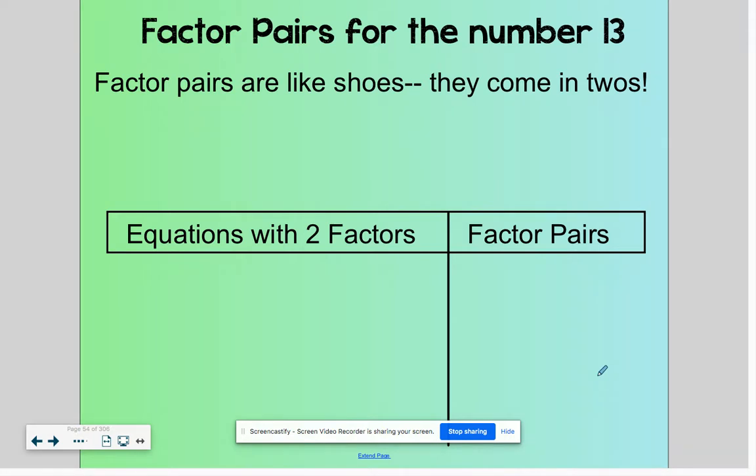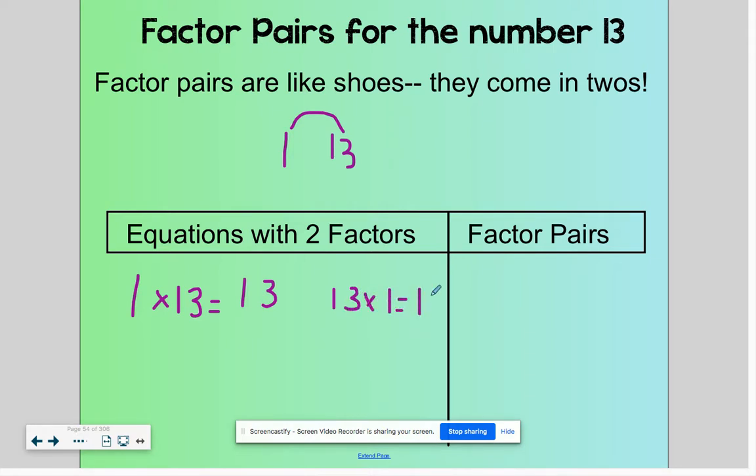Our final factor pair is an interesting one for the number 13. The only way you can get to 13 is by multiplying 1 and 13. 13 is a special kind of number. So our only equations are 1 times 13 equals 13, and 13 times 1 equals 13.